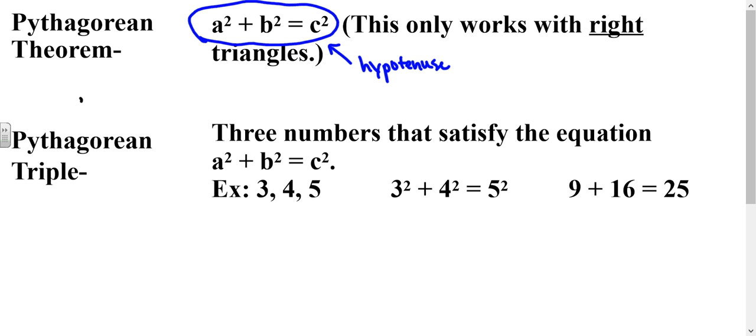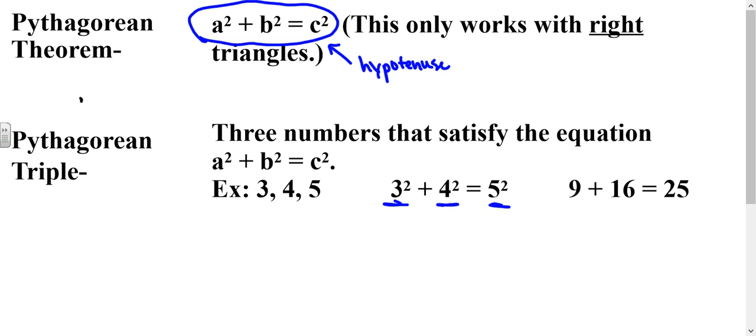Okay, now a Pythagorean triple is three numbers that work with the Pythagorean theorem. If I plug in these numbers, they satisfy a squared plus b squared equals c squared. For example, 3, 4, and 5 make a Pythagorean triple. So if I take 3 squared plus 4 squared, it should equal 5 squared.